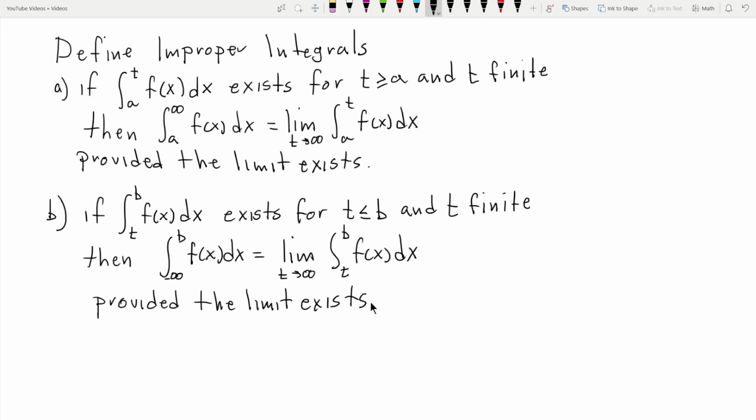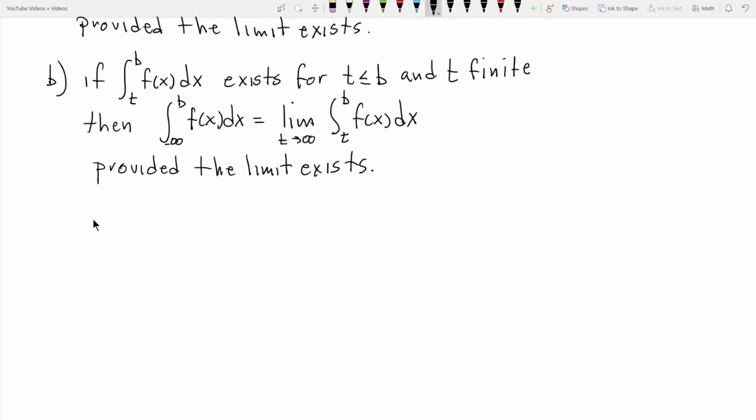Now, if the discontinuity is between the two values, between a and b, that's our third case here. So if both the antiderivative from a to infinity of f of x dx and, oh, I'm sorry, wait, this is not the discontinuity. This is just our ability to split up. That's the type 2.